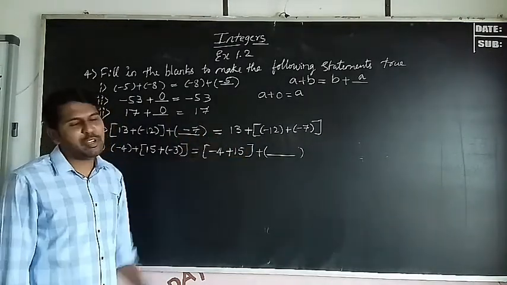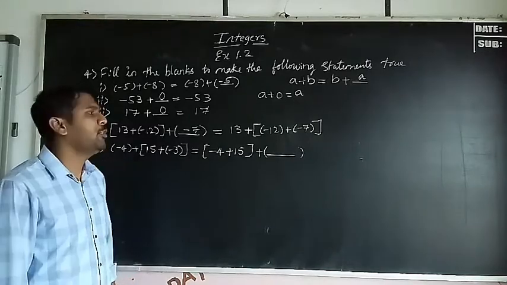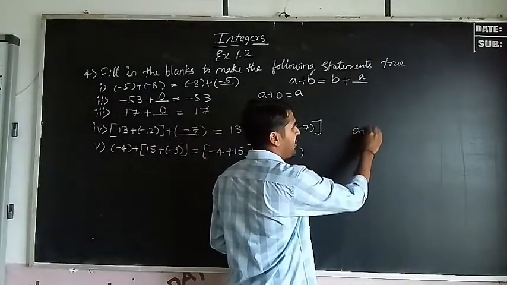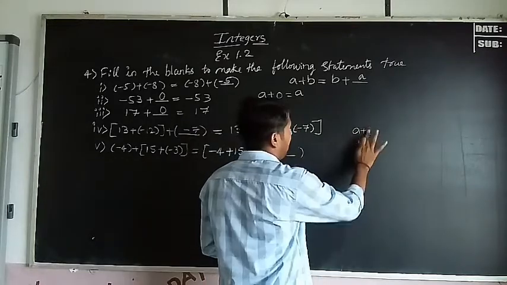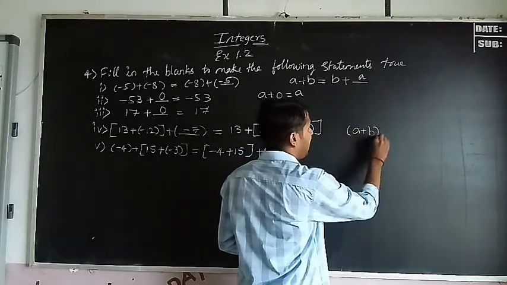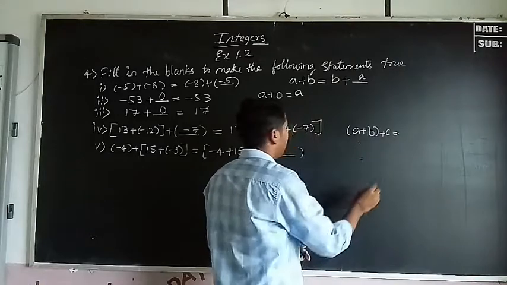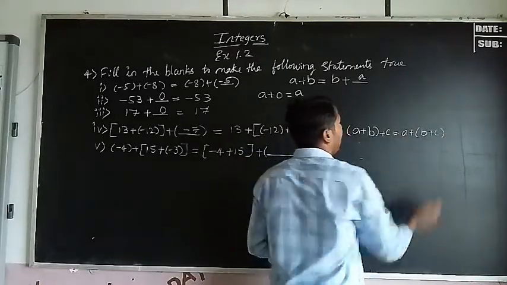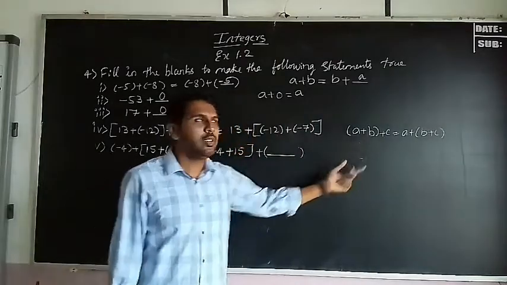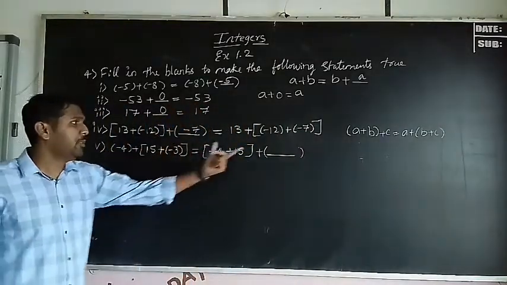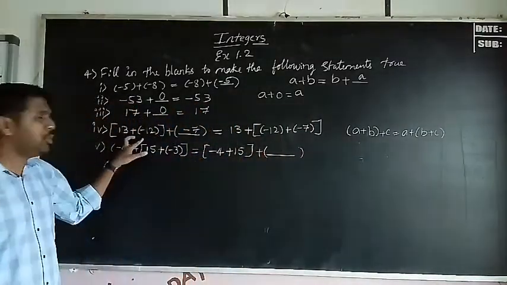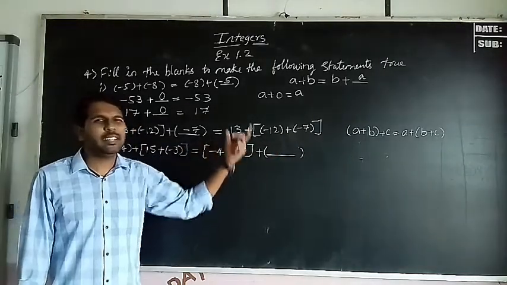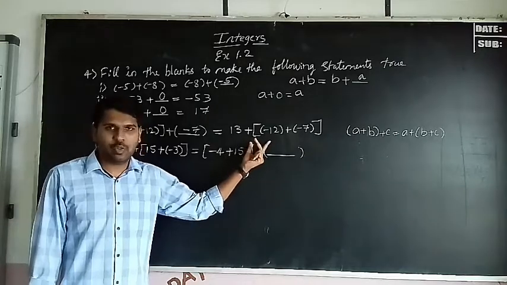Which property is it? Associative property under addition: a plus b plus c equals a plus bracket b plus c. This is associative property. Like this they have given 3 numbers, and here only 2 numbers, so the remaining number is minus 7 only. This is very simple, don't make it complicated.